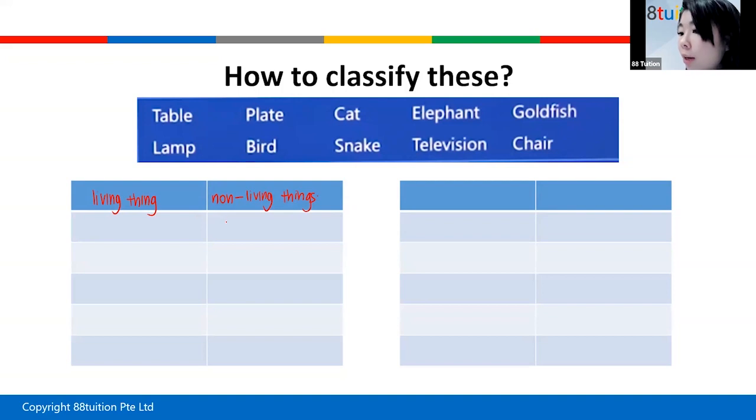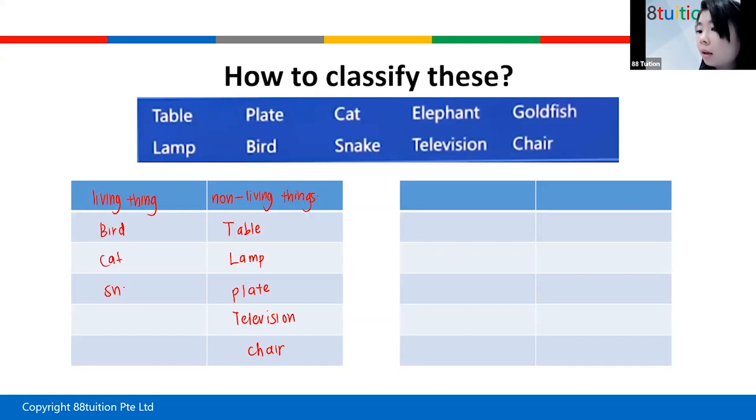So very quickly, non-living: table, lamp, plate, television, chair. All these on the right-hand side of this table are non-living things. On the left-hand side, we're going to classify the living things. We have bird, cat, snake, elephant, and goldfish.